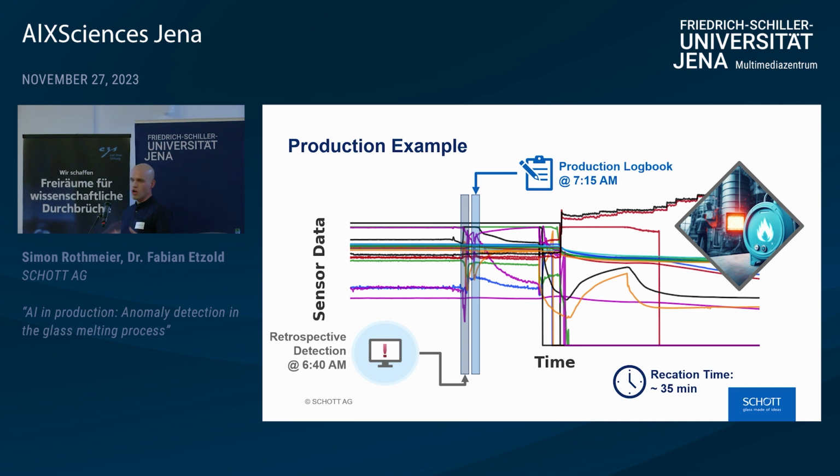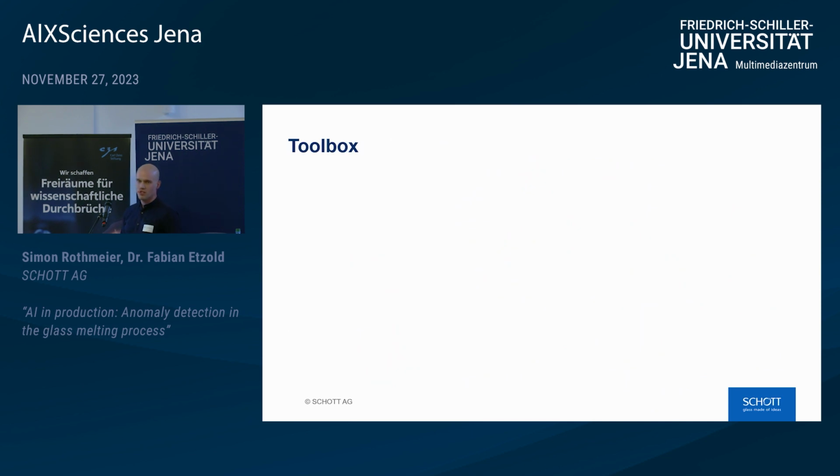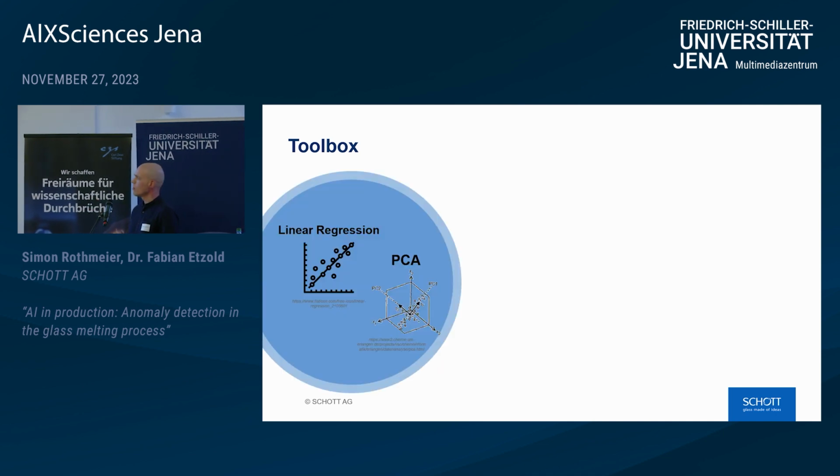And just to round it up, I quickly want to show you what algorithms and tech stack we are using. For the algorithms, it's more like classical machine learning with linear regression, PCA. We are trying all that out and seeing what works best on our problem. As was mentioned before, not every algorithm is suited for your particular problem.